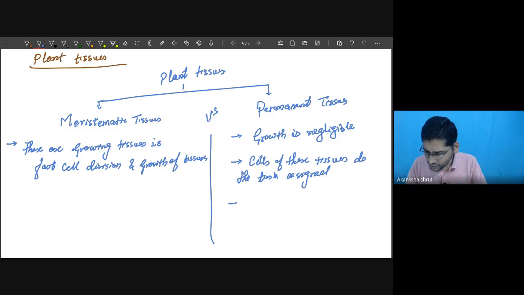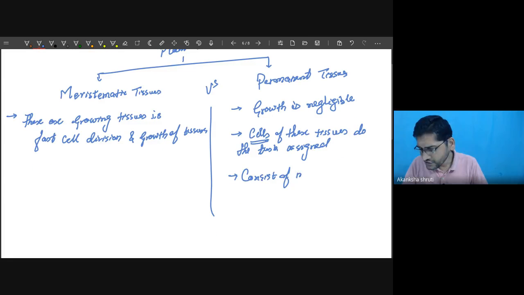And these tissues or cells are matured cells, or matured tissues, we can also say.